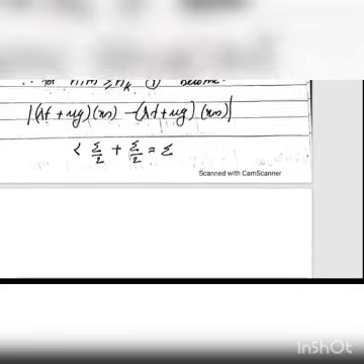Therefore, for n, m greater than or equal to nk, equation 1 becomes modulus of lambda f plus mu g of xn minus lambda f plus mu g of xm less than epsilon by 2 plus epsilon by 2, that is epsilon, which implies lambda f plus mu g of xn is a Cauchy sequence.